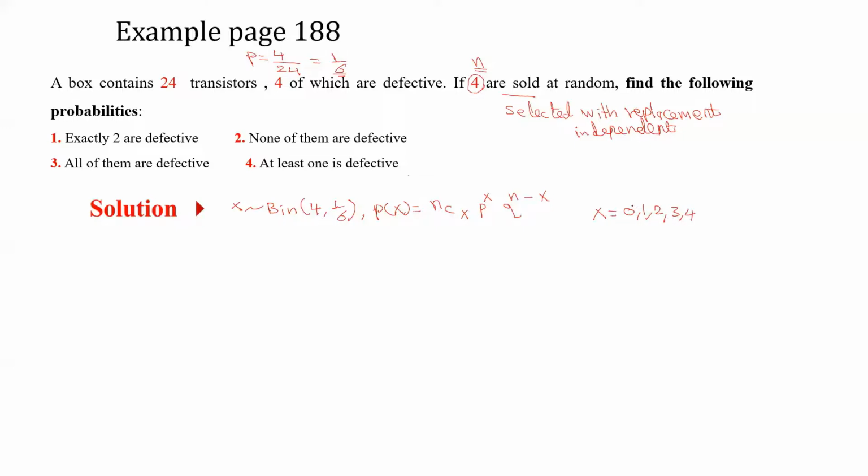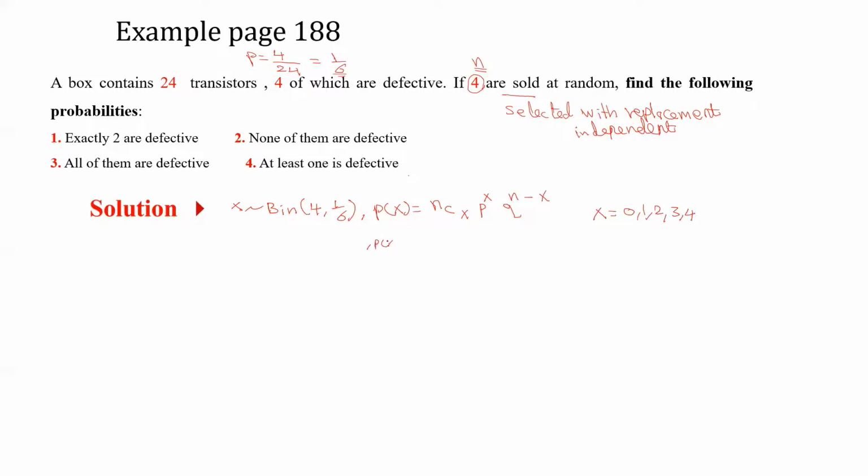So to find these probabilities, for example for exactly 2, we use x equal 2. We have n equal 4, p equal 1/6, and q is 5/6. So let's substitute these values.